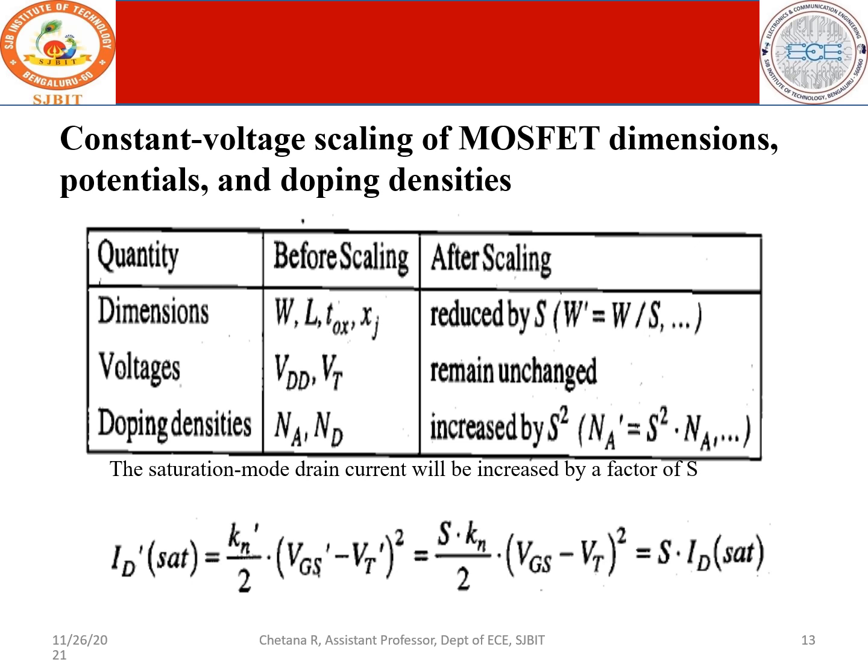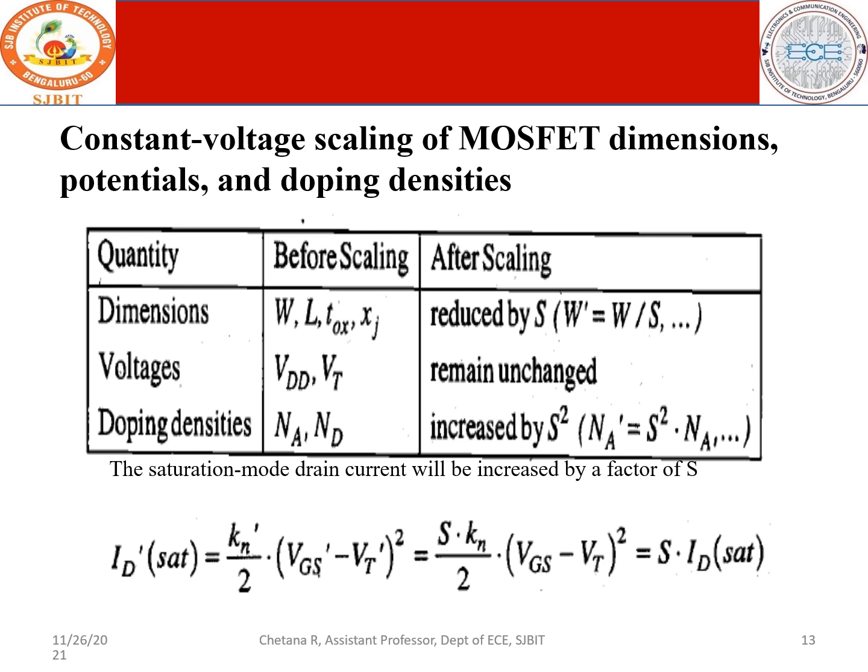If you have the dimensions in constant voltage, they are reduced by S. So W becomes W by S, L becomes L by S, Tox by S, Xj junction depth is Xj by S. So everywhere it is reduced by S. Voltages remain unchanged, VDD and VT. Doping densities, earlier it was Na into S, but here it is Na into S square. It is increased by S square.